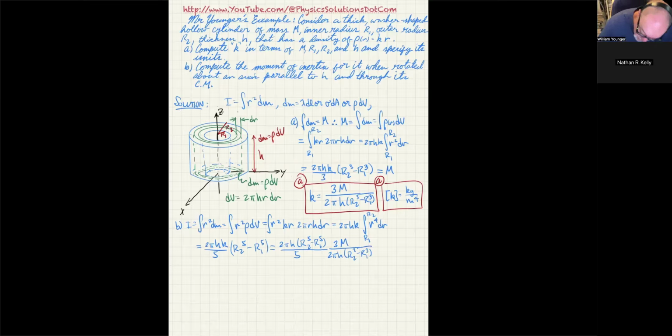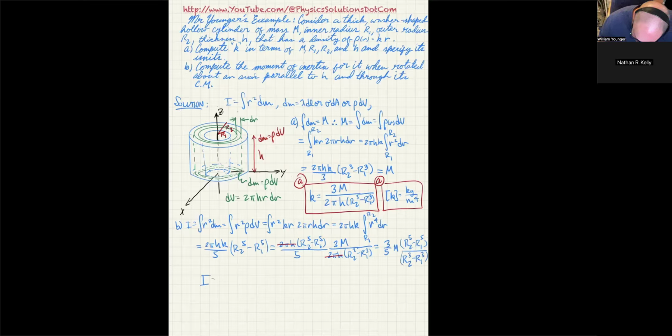Now you can see the 2 pi h cancels out with the 2 pi h, which is really wonderful. And ultimately, we end up getting, very simply, 3 fifths m times r2 to the fifth power minus r1 to the fifth power, over r2 to the third power minus r1 to the third power.